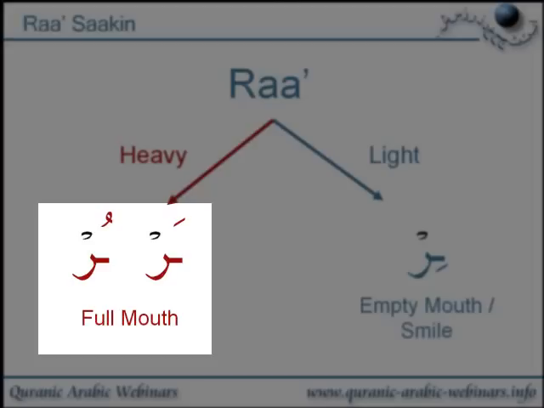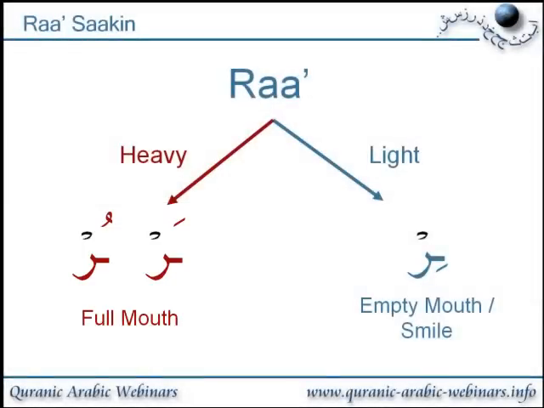For the first one, fatha before the Ra sakin, you do not say ar. You have to say ar with a heavy sound, and what actually happens is the back of your tongue lifts up. And the same with the dhamma before the Ra sakin, so that would be ur, ur.